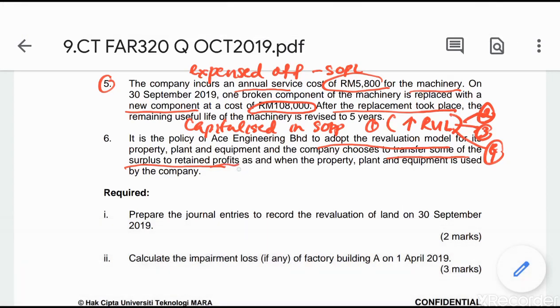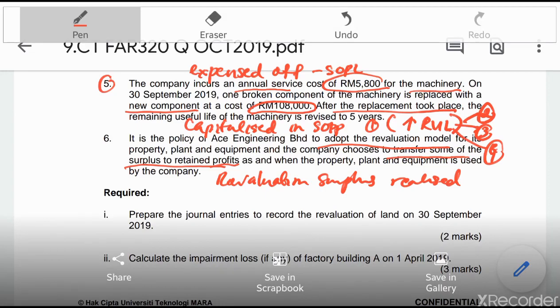So this one has something to do with the concept of revaluation surplus realized. The concept of revaluation surplus realized was discussed in the textbook. It was also discussed in the notes, somewhere in your slides, so you can go and check it.